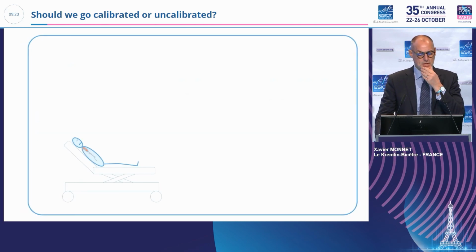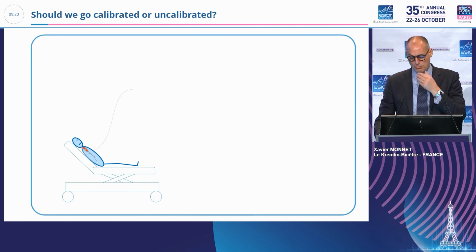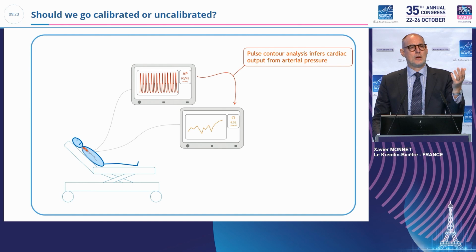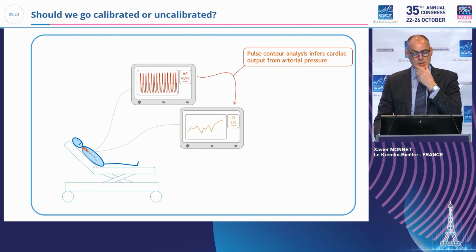You understood that basically pulse contour analysis means that you can estimate cardiac output, cardiac index, and stroke volume by the analysis of the arterial pressure curve.